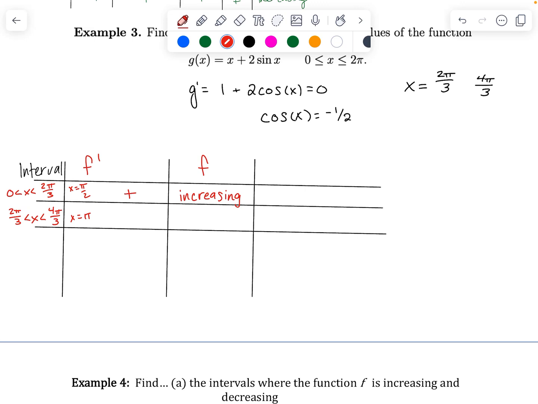F prime of pi is negative 1. So this is decreasing. So what happened? If I went from increasing to decreasing, then that must mean that I have a function that looks like this. I went from increasing to decreasing, so I have a local maximum.